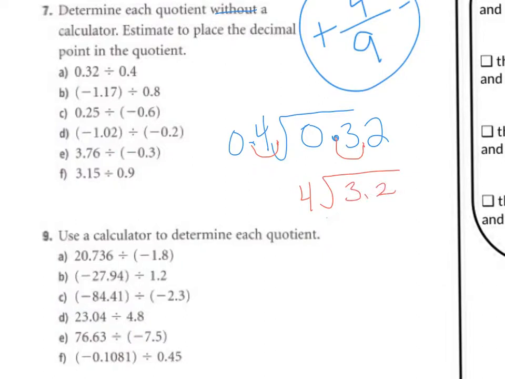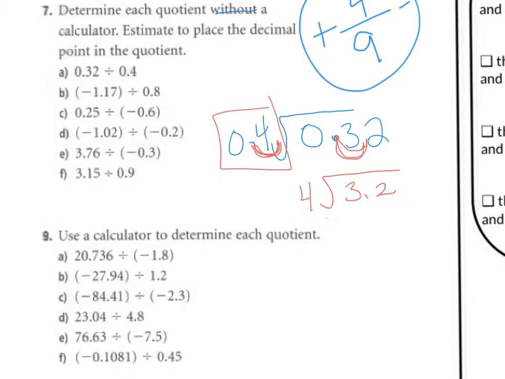It makes it a lot easier. You do not want a decimal inside of your dividend or your divisor. So we'll move the decimal place, make it easier, but what I do to the outside I must do to the inside. Essentially what I'm doing is I'm just multiplying by 10 here, moving it one place, so I'll multiply by 10 here, and I move it one place.